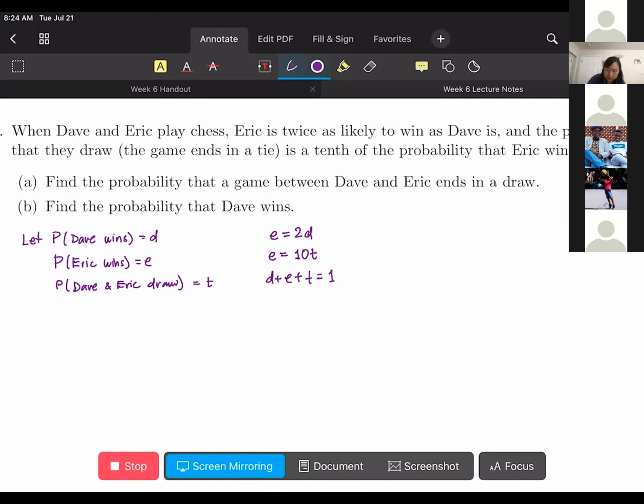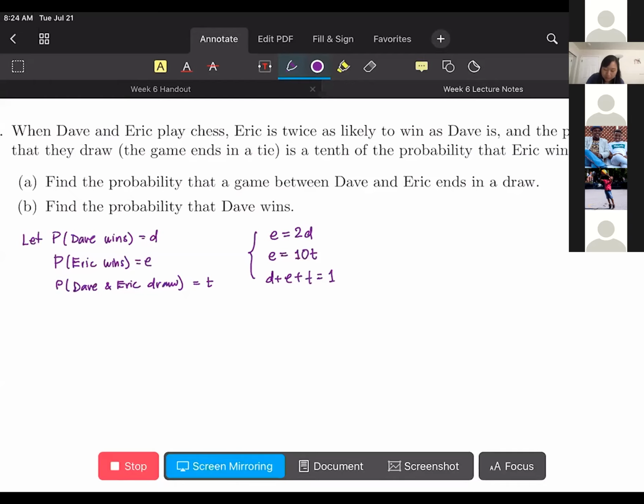So now we have this system of equations, three variables and three equations, so we can solve for what we want. For part A, we want to find what T is, and for part B, we want to find what D is. So we can just directly solve the system of equations.